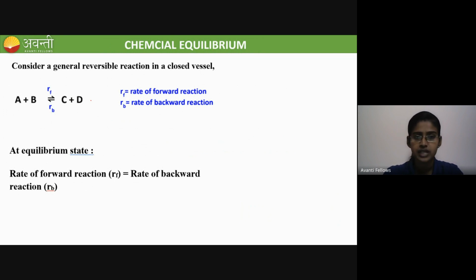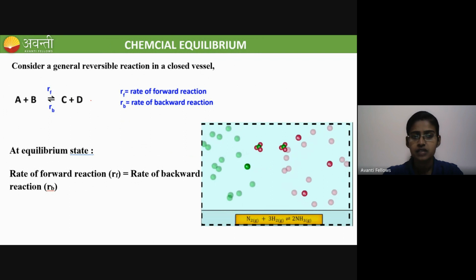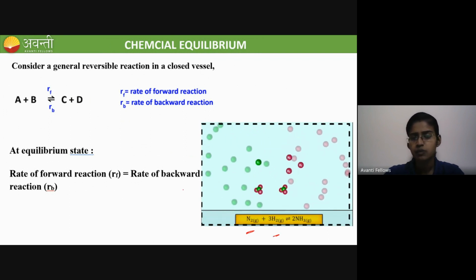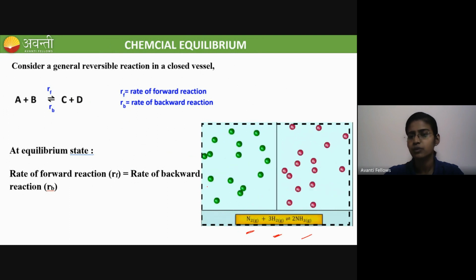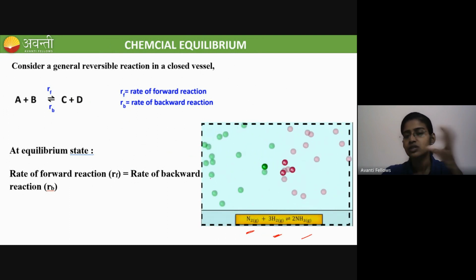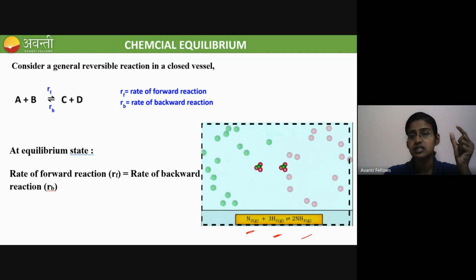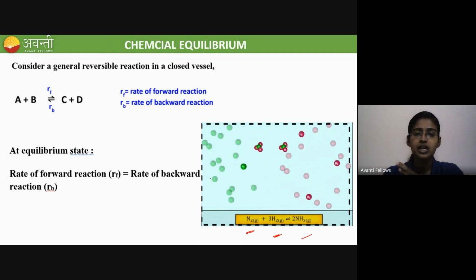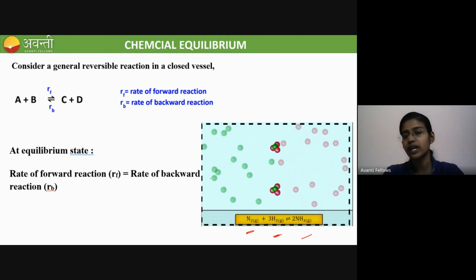Let me show you an example. Here in this GIF, you can see that nitrogen is reacting with 3 moles of hydrogen to give 2 moles of ammonia. Nitrogen and hydrogen are the reactants, and they combine to give ammonia. Now ammonia is breaking down to give nitrogen and hydrogen.